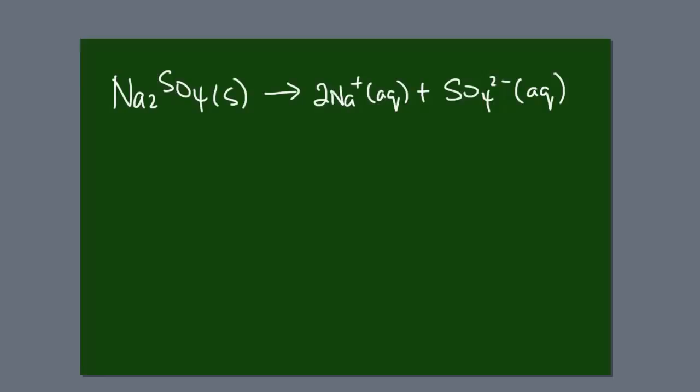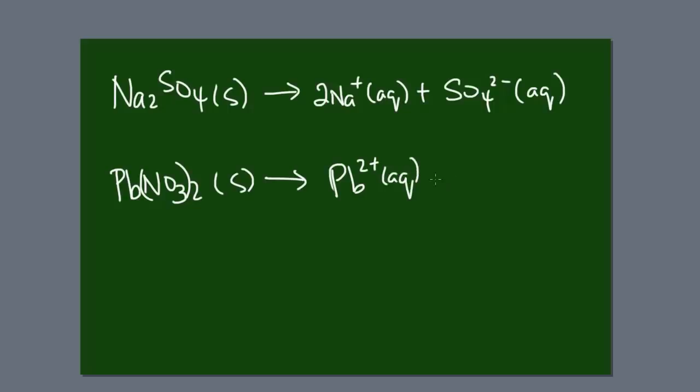Let me pop up the board. Remember I wrote this equation just now. I'm going to write a similar equation for lead(II) nitrate: Pb(NO3)2 solid becomes Pb2+ (aq) plus 2NO3- (aq).